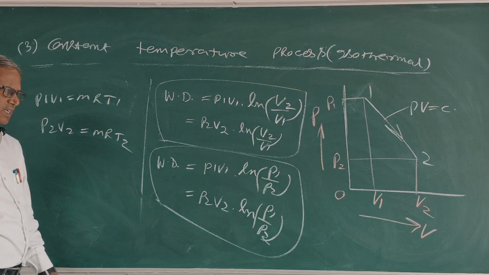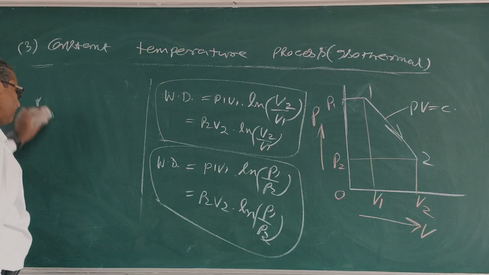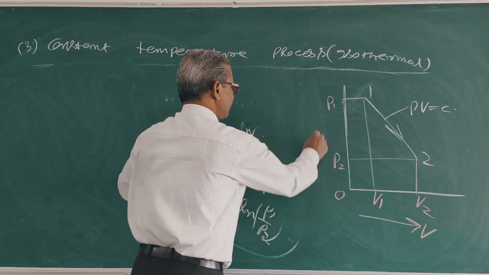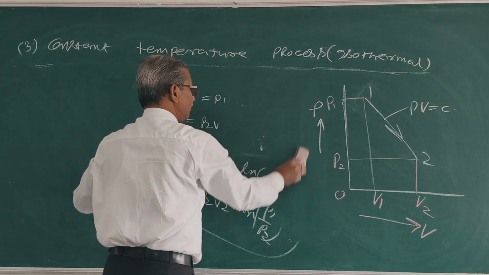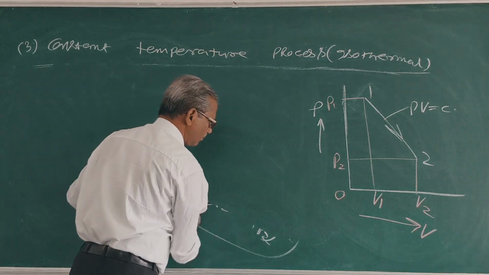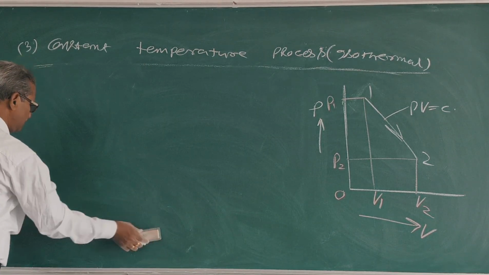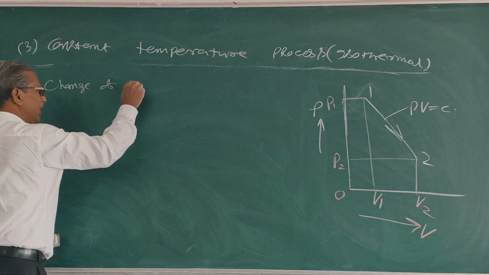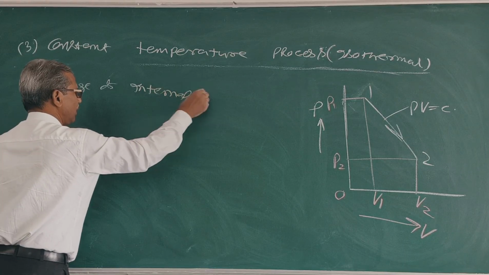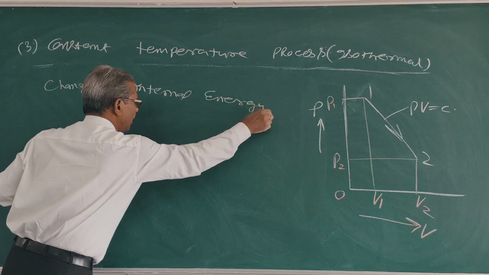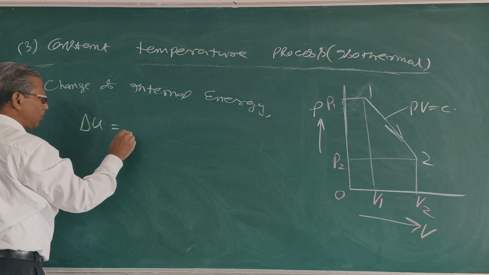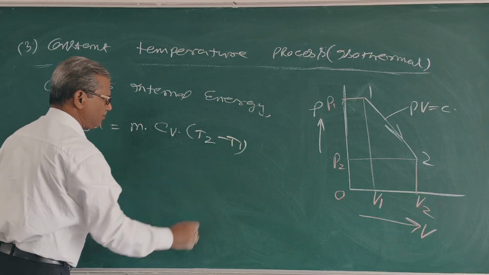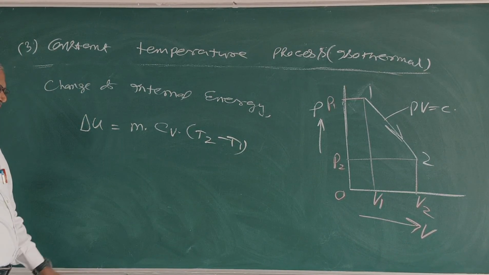Next, change of internal energy. Delta U. What is delta U equal to? m C T2 minus T1.